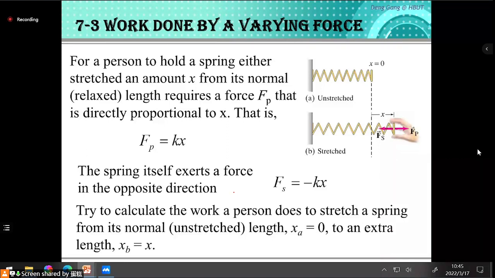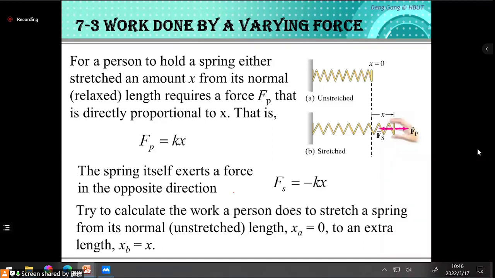If we are going to calculate this, we need to know this is a varying force, because when you press or stretch this, the force will change when x changes, right?